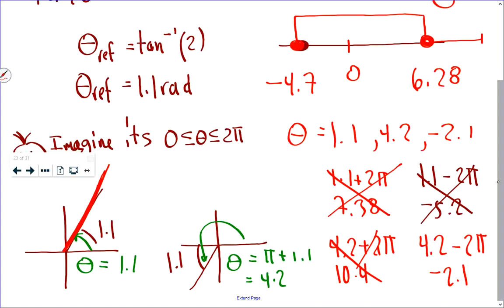Let's subtract 2 pi again. Basically, you're taking that angle that we found on the left side of the screen, you're adding 2 pi until you break the barrier of the domain, and subtracting 2 pi until you break the barrier of the domain. If we subtract 2 pi again, you're going to get negative 8 point something, which is outside of the domain. So these are the solutions.